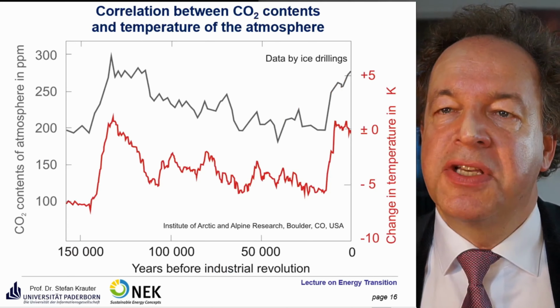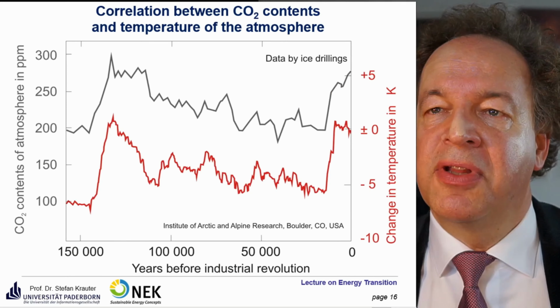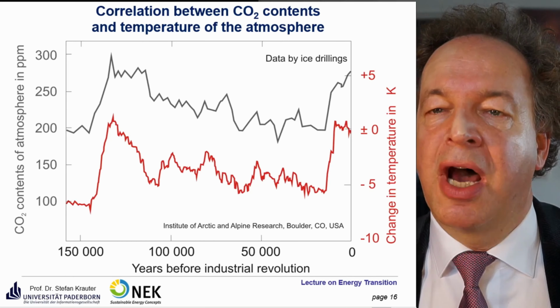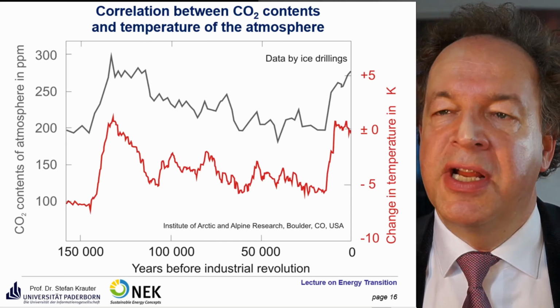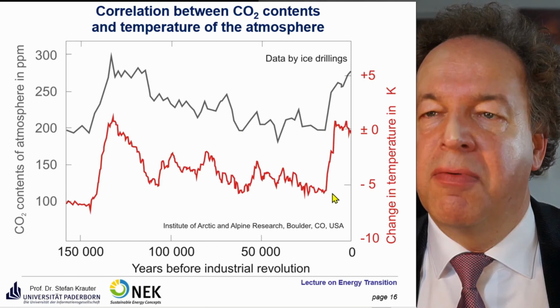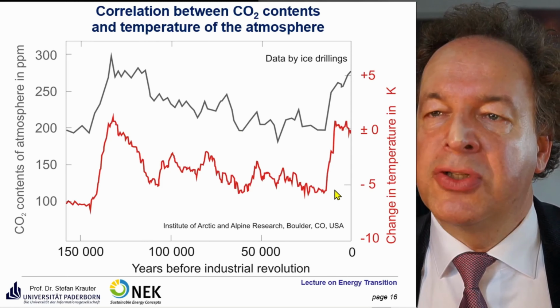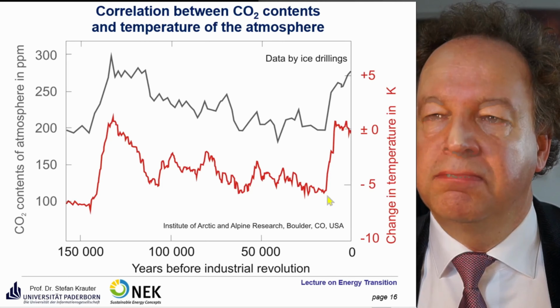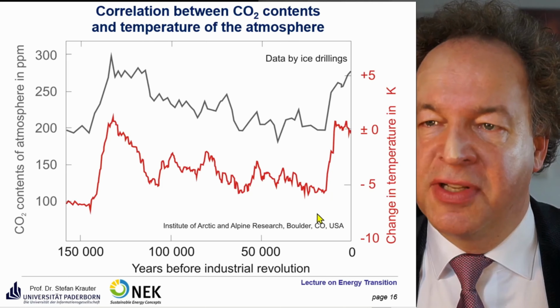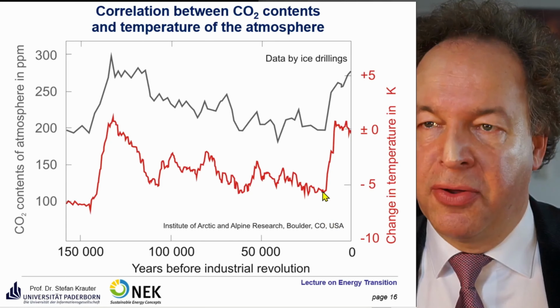You see we have already reached a temperature increase above 1 degree. The temperature is quite correlated to the carbon dioxide content of the atmosphere, as you see here. This goes back 150,000 years before the Industrial Revolution. You see here that the correlation is quite obvious. Also, you see that the earlier increase of carbon dioxide took place over a relatively large period of time, probably about 1,000 to 2,000 years.